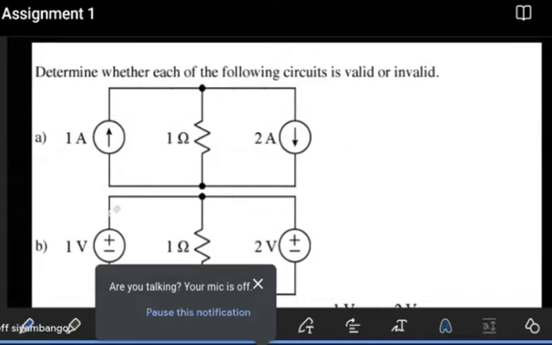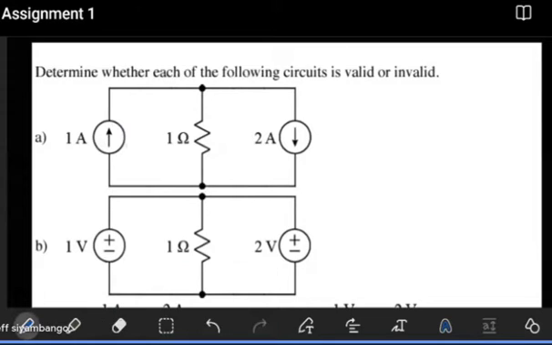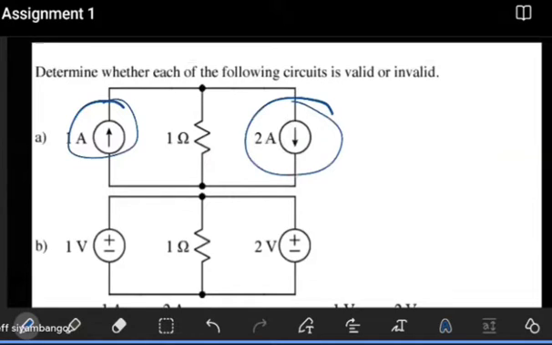You see, the current sources here may have whatever voltage necessary, so they will just receive whatever voltage is necessary, and in return, they will produce their own current. Even though this is producing a 1 amp current and this is producing a 2 amp current, the potential difference across this point and across this point will still be the same, regardless of what current value they are supplying.